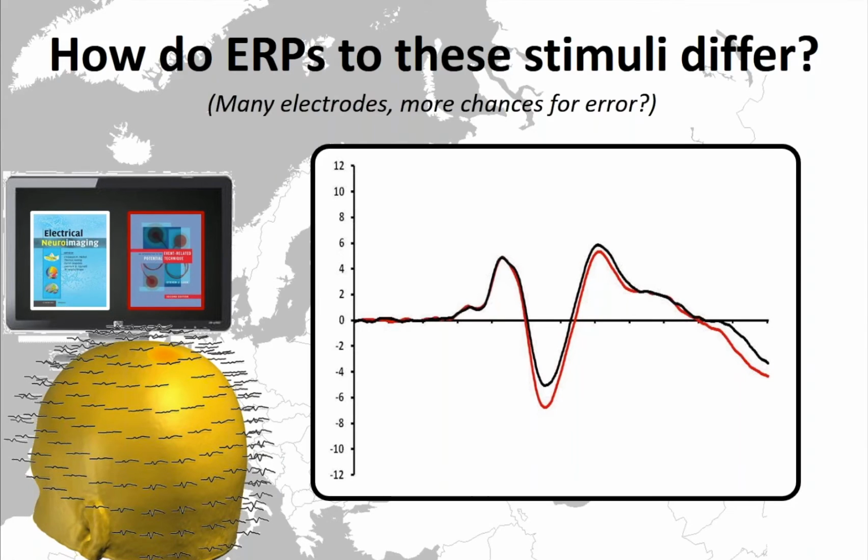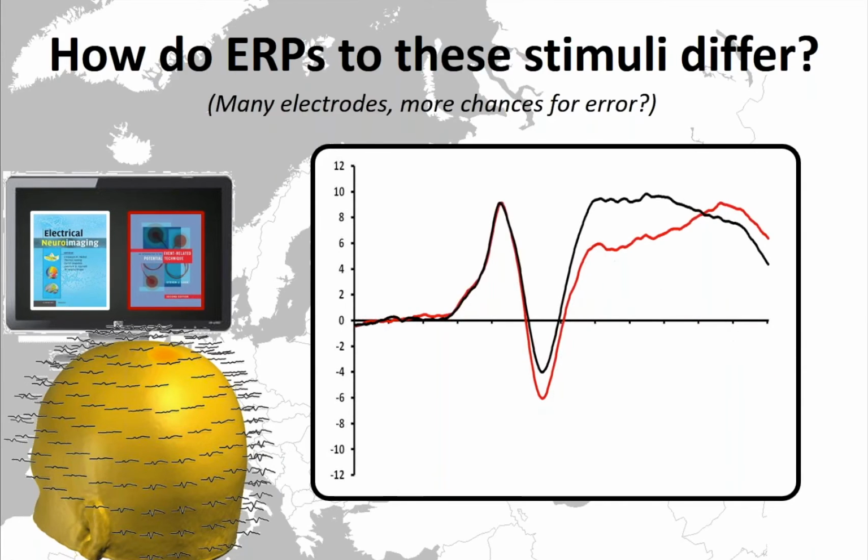And when I then take a different reference, because I have all of these electrodes on the cap, I can choose a different reference. And when I do, lo and behold, I get a nice whopping effect between these two stimuli. So now it begs the question, who's right? Is there a difference between these stimuli, or isn't there a difference between these stimuli?